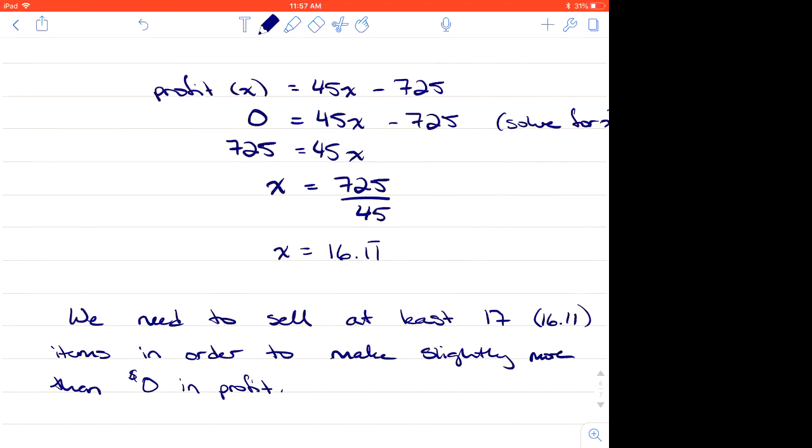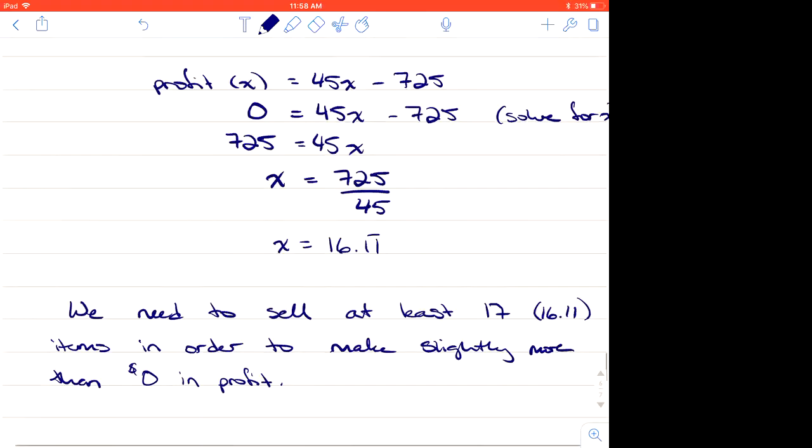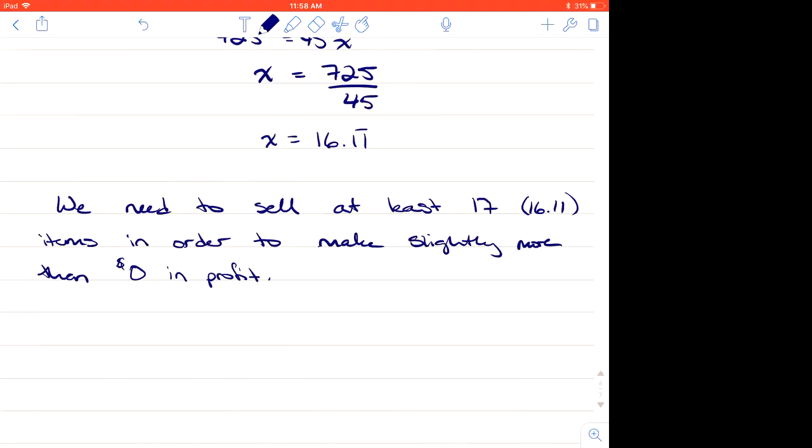If you went the 16 route, that's fine too. Then you would have to highlight that you would be making slightly negative profit, less than 0. So as long as you're justifying what you're saying, then you're okay. As long as it makes sense.